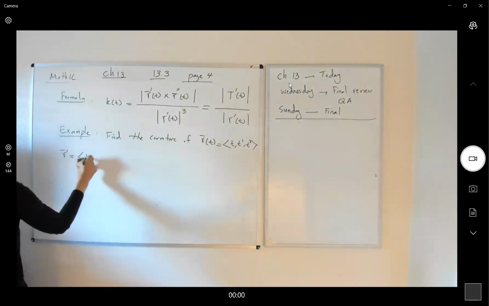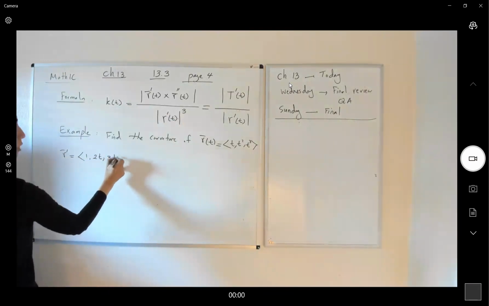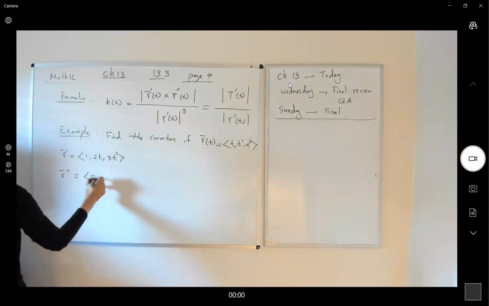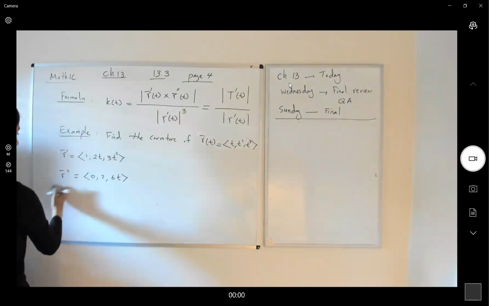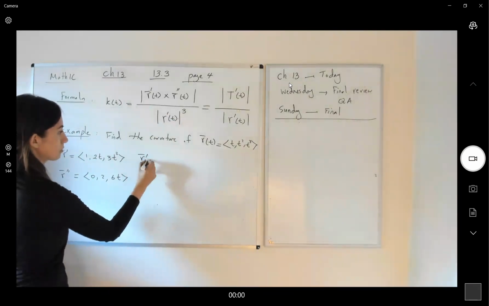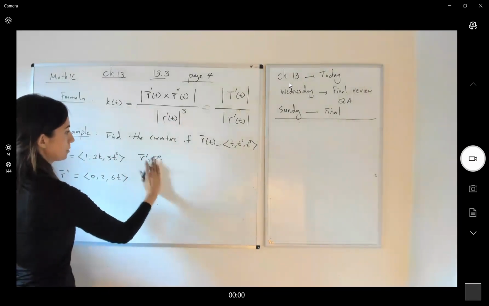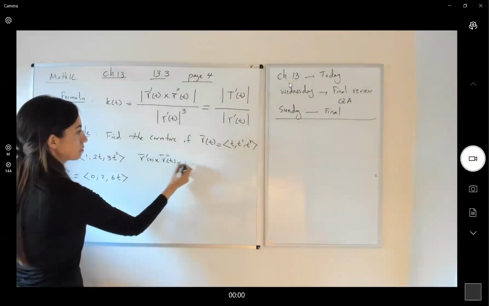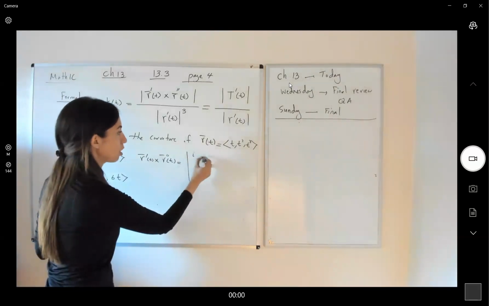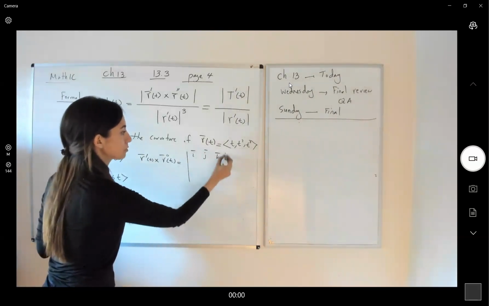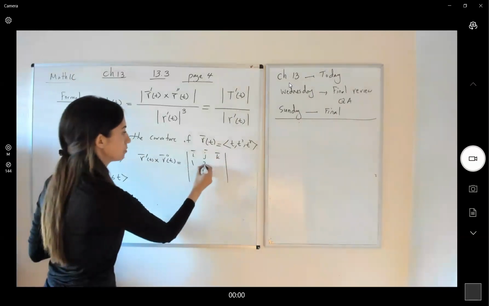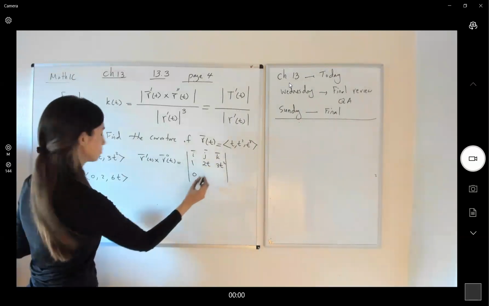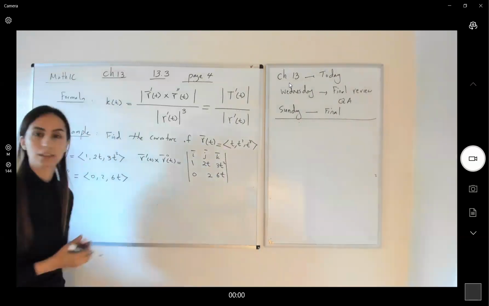R prime is 1, 2t, 3t squared, and the second derivative is 0, 2, and 6t. Now we find the cross product between them, which is the determinant i, j, k, 1, 2t, 3t squared, and 0, 2, and 6t.